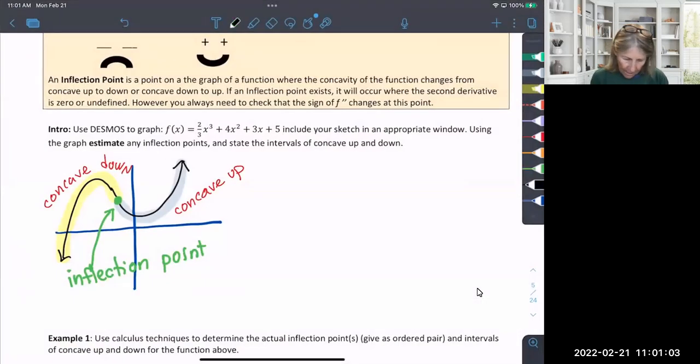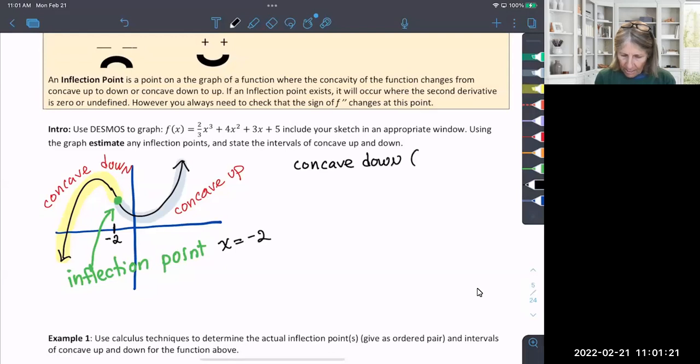So I'm going to guess that at this point when x is -2, that maybe that is where the point of inflection is. Okay, and so therefore I can tell you that what I think is that the graph is concave down on the interval, because remember, we give this interval just like we do with increasing and decreasing.